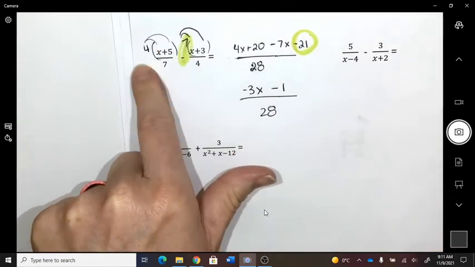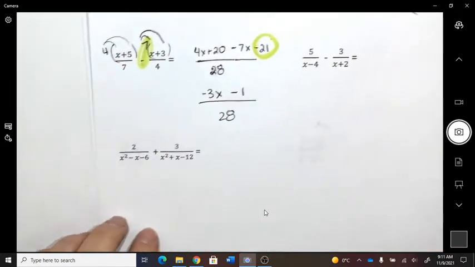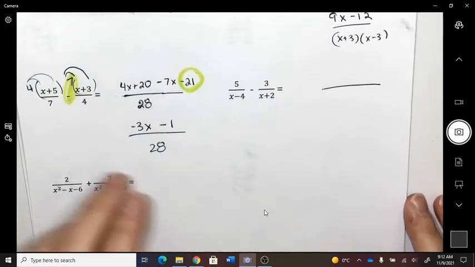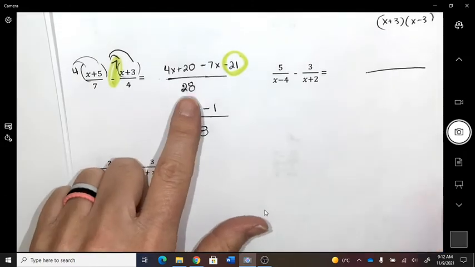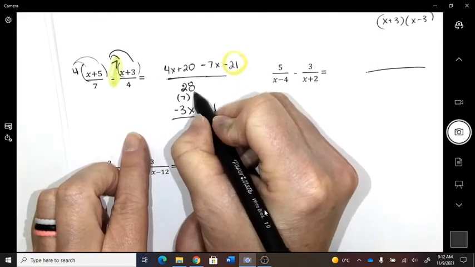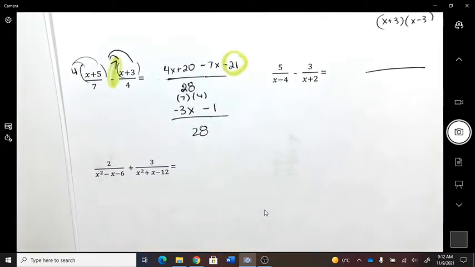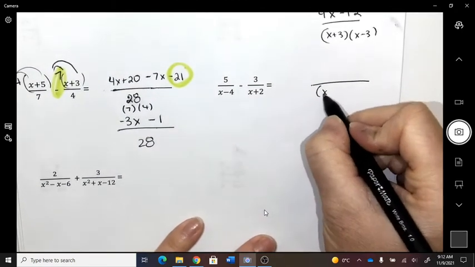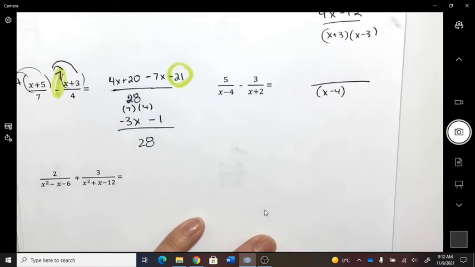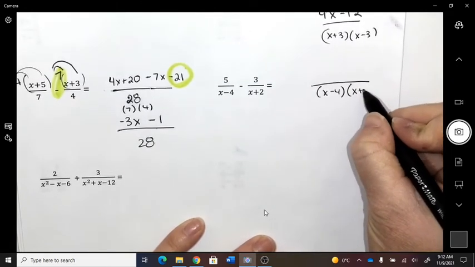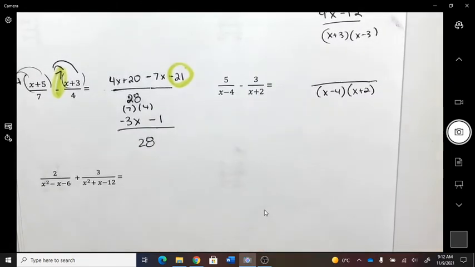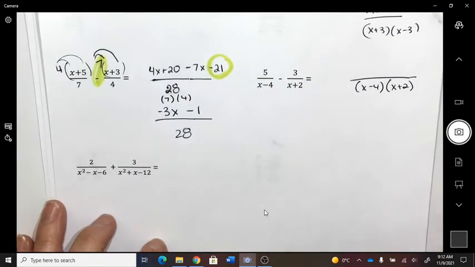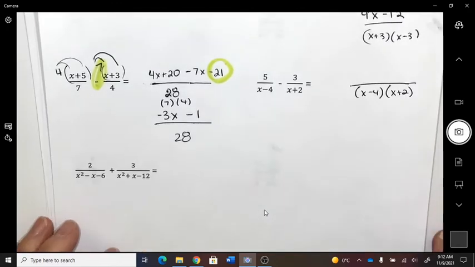So we had to have a 7 in the bottom and a 4 in the bottom. Okay, what do I all need in my bottom? So just like here on the 28, it's like me saying I had a 7 and a 4 in the bottom. That's what I was doing. So on here, I need to have an x minus 4 in the bottom, and I need an x plus 2 in the bottom. They're different numbers, just like how I had a 4 and a 7 in the bottom. I need this number and that number.